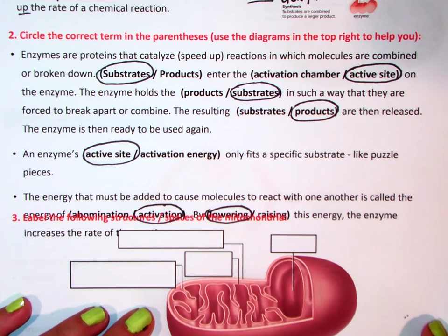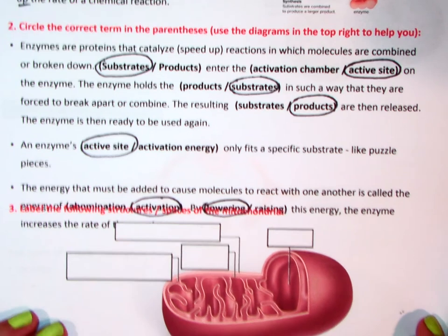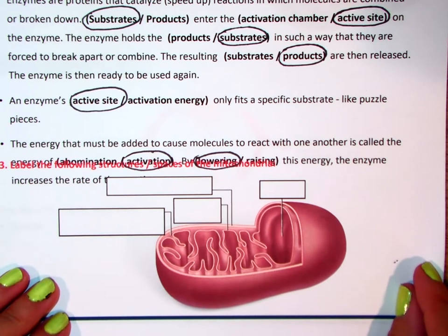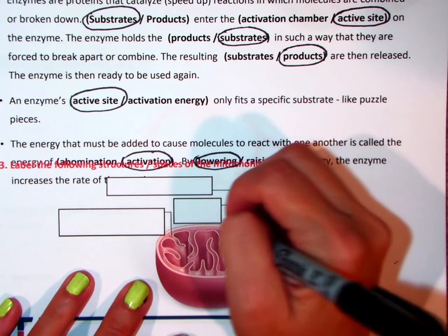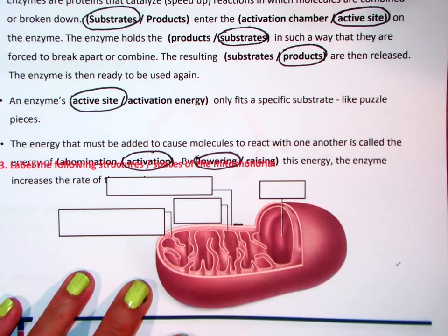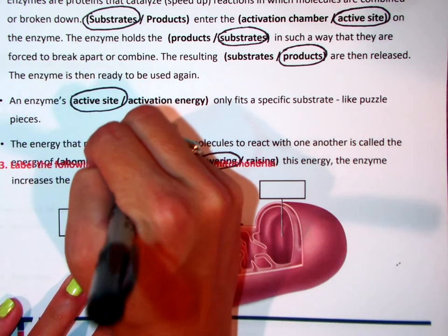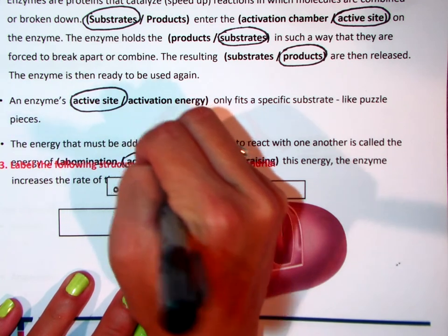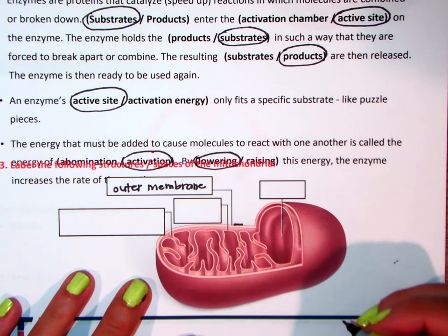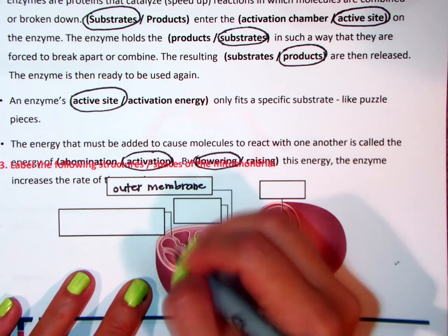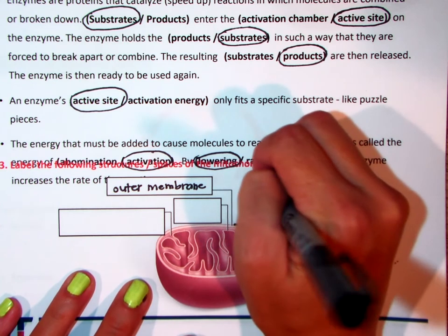Okay, so metabolism, enzymes. Now let's look at the glorious mitochondria. So we're going to label this, and it is important because in these reactions you need to know where they are happening within the cell and also within the mitochondria. So this outer line is called the outer membrane. All of the inside of the mitochondria is called the matrix.